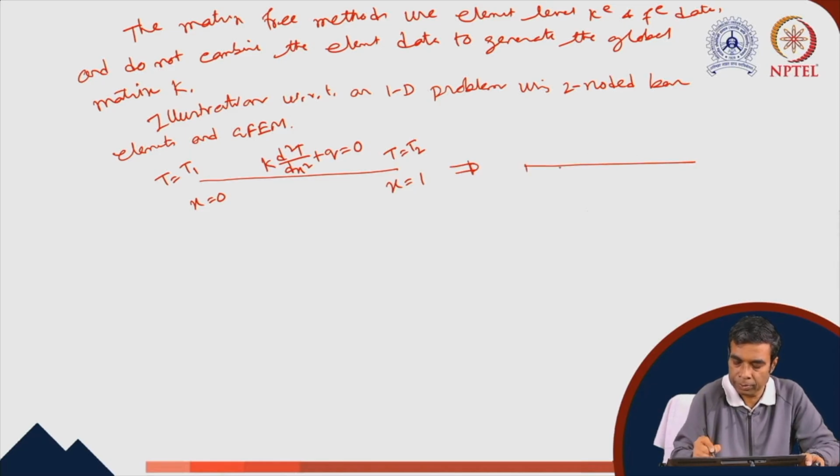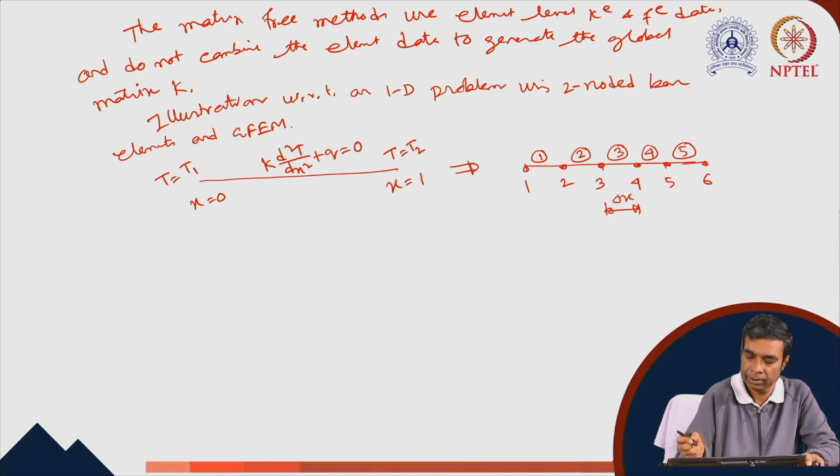So we have 5 finite elements, 1, 2, 3, 4, 5, global nodes 1, 2, 3, 4, 5, and then global node 6. This is our delta X. So this is our mesh.